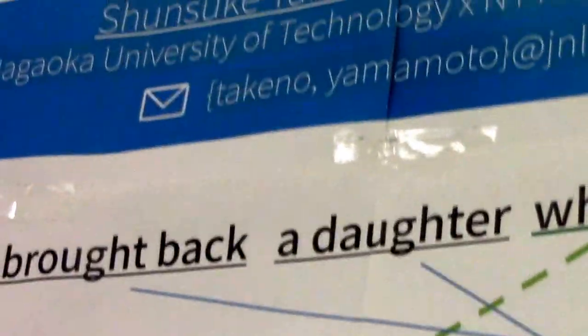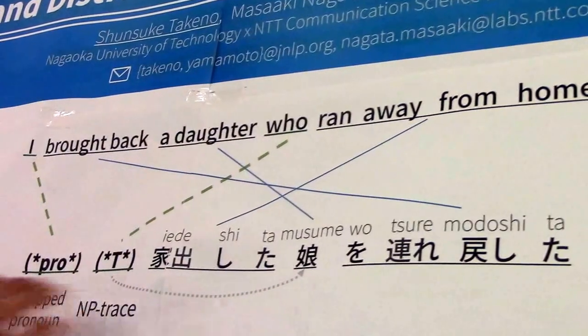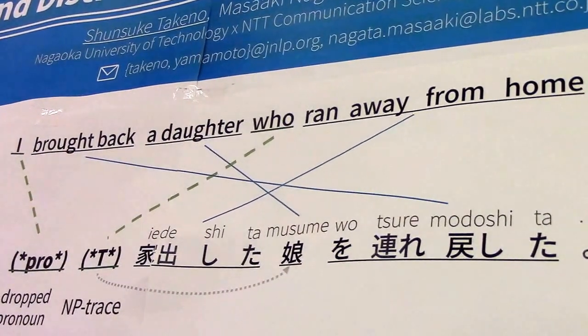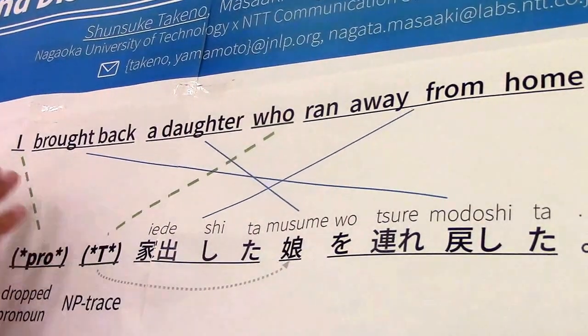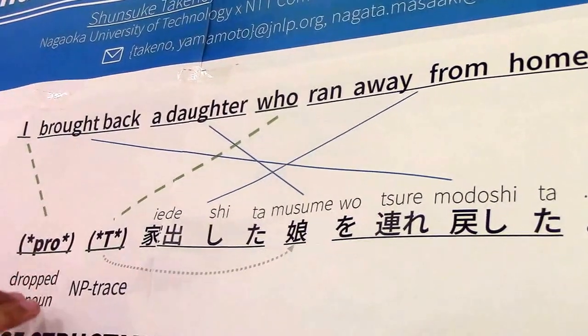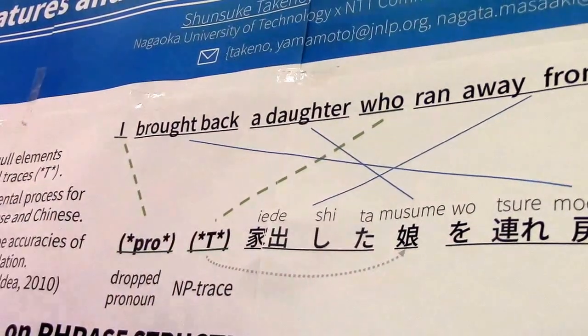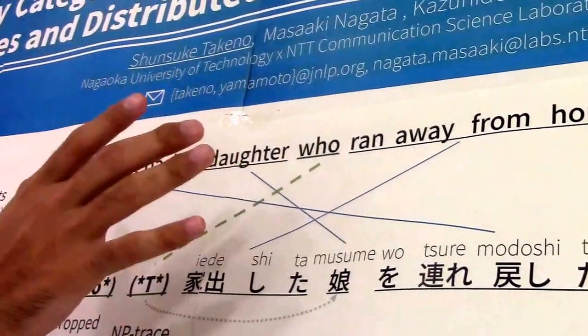As an example, I show sentences in English and Japanese. As shown in this figure, there are null elements between Japanese and English.